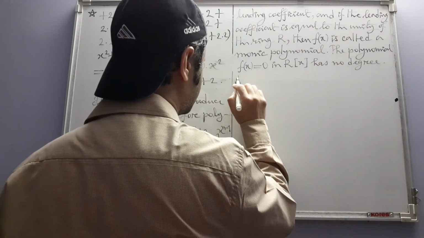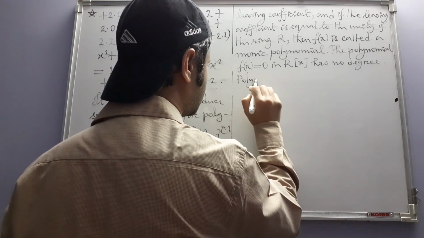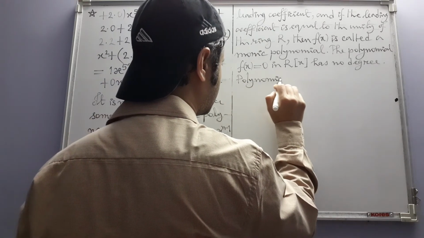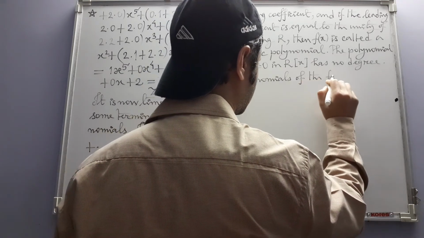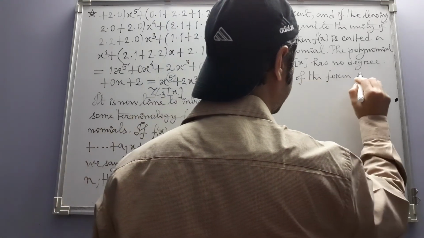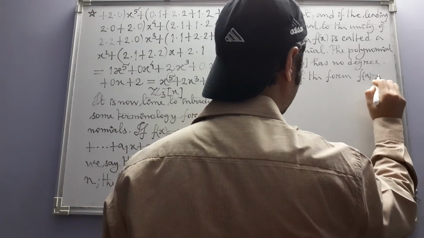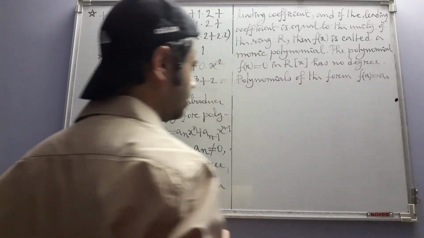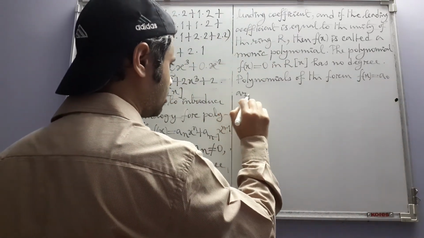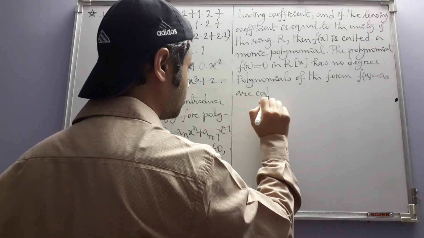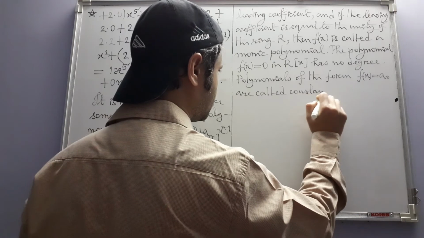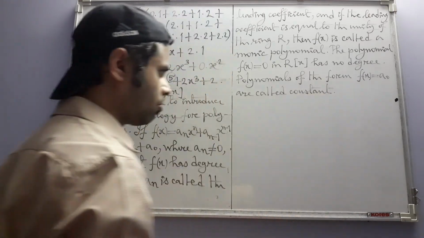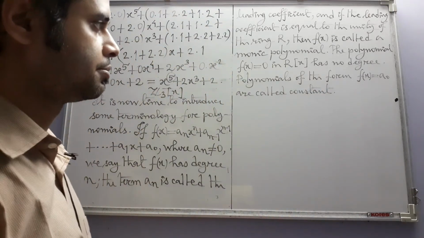Polynomials of the form fx equal to a naught are called constant polynomials.